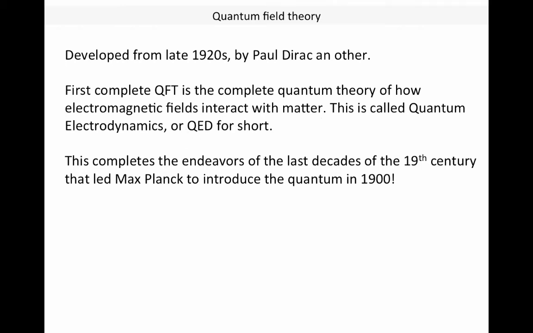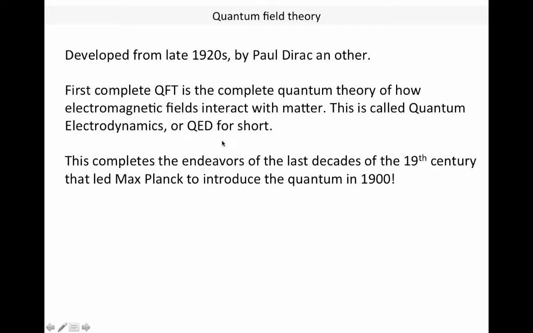And there's a nice symmetry here: the development of quantum electrodynamics finally completed the theory of how electromagnetic fields interact with matter. This was one of the big goals of classical physics in the 19th century, and it was a thing that led Max Planck to introduce the quantum in 1900, examining how black body radiation, which is one manifestation of electromagnetic fields, interacts with matter.